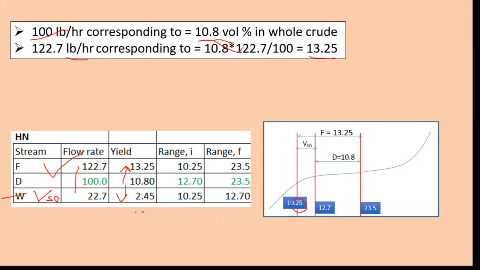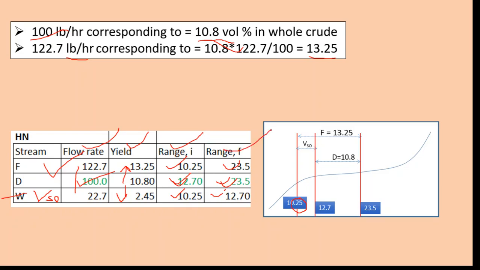Similarly, the initial range and final range are calculated, shown in green color. So simply by giving three values, one the assumption of 100, one the initial range and the final range, we can find the flow rate of other streams, the yield of other streams, and the initial and final ranges of other streams.